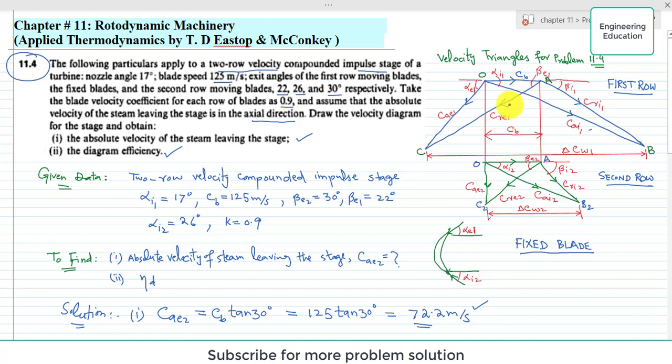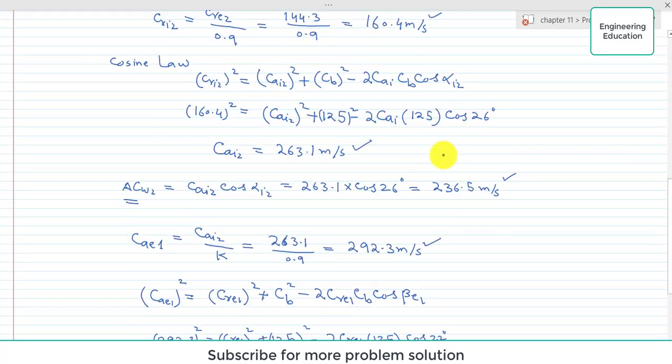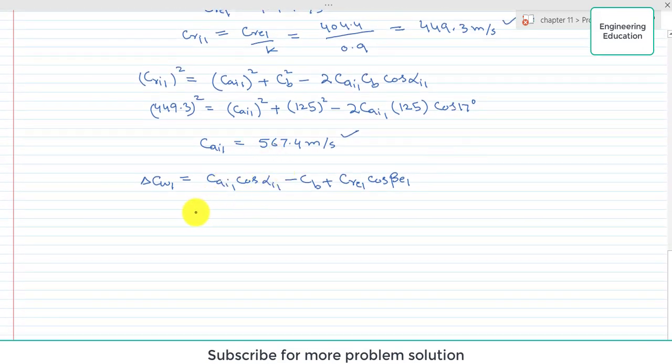Solving it for delta CW1, we have CAI1 is 567.4, cos of alpha I1 is 17 degree, minus 125, plus CRE1, which is 404.4 as calculated, cos of beta E1, which is 22 degree.